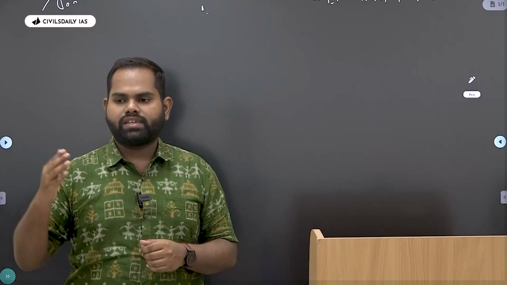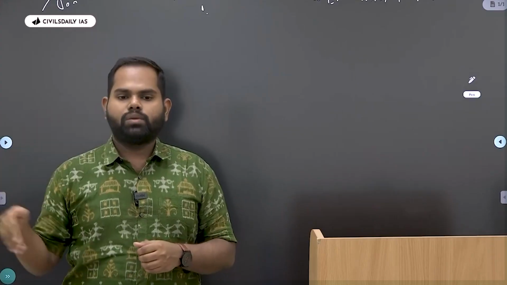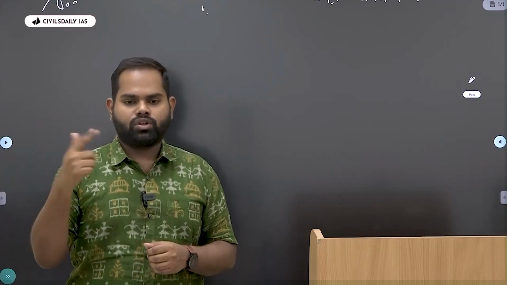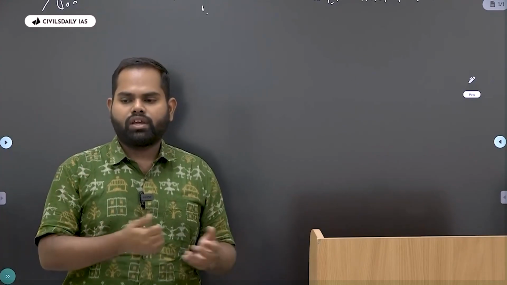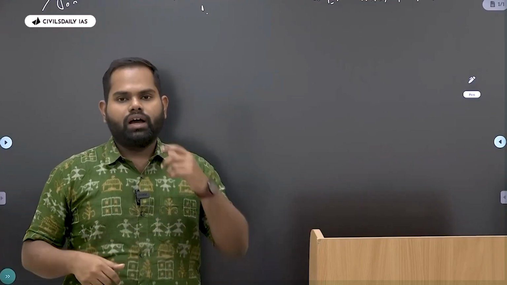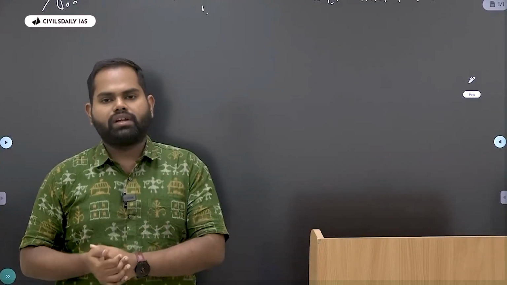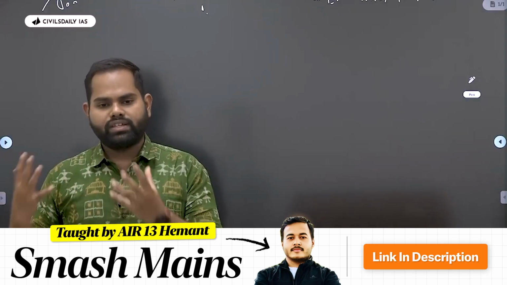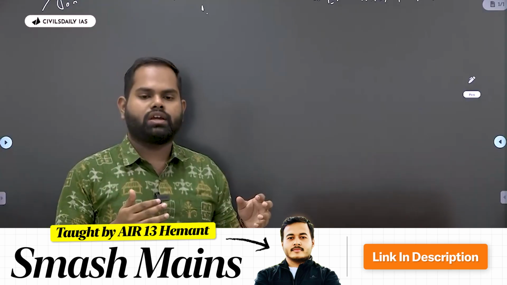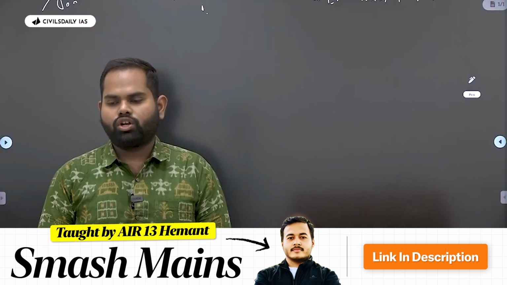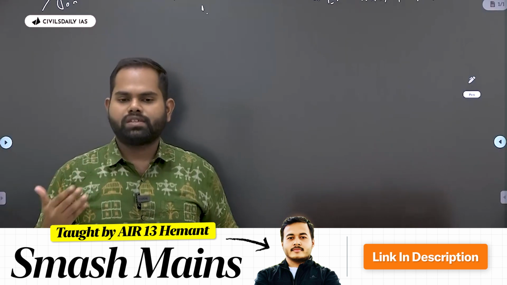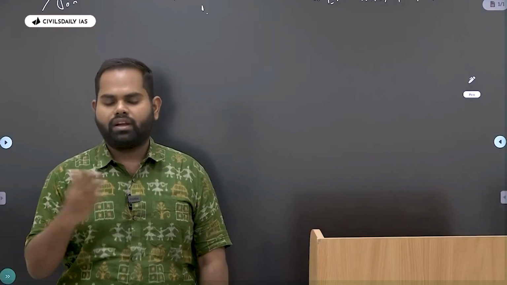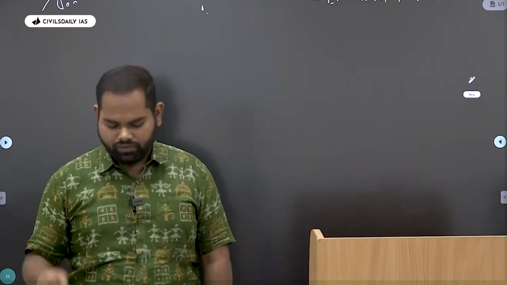Sarkaria Commission and others have said that residual powers have to go to the state and not the Centre, similar to what the American model talks about. Punchhi Commission has a recommendation that only those things which require uniformity should come to the concurrent list, and not all of them. So the 7th Schedule is also something that you can read in a deeper way and take things from there as well.